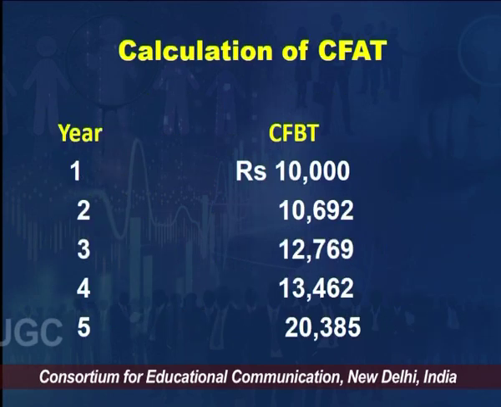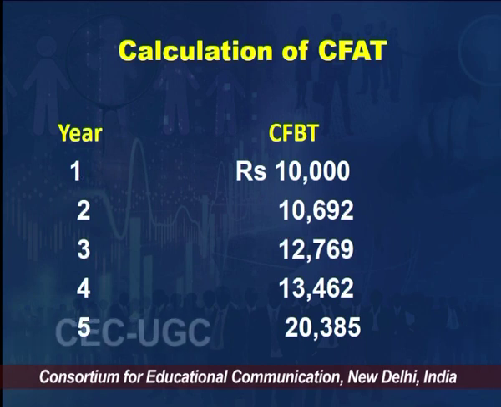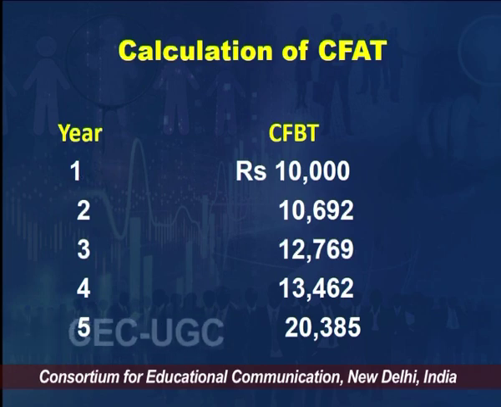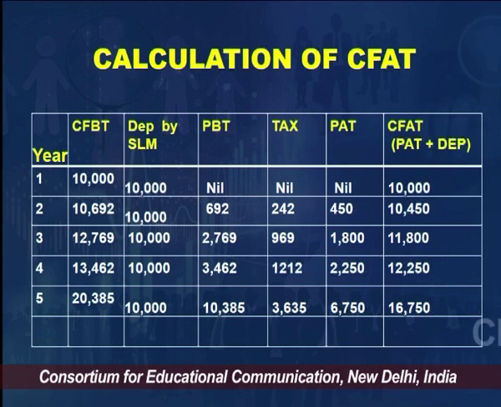So, let us have a look. This is the data given, year 1 to year 5, and CFBT is very important. We are learning to calculate CFAT, cash flows after tax. But what is given? CFBT: 10,000, 10,692, 12,769, 13,462, 20,385. This is the cash flows before tax. To convert it, have a look at the table.